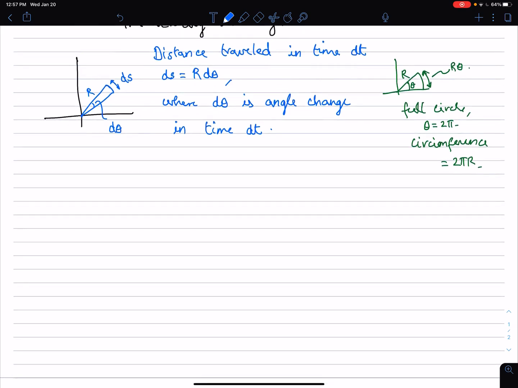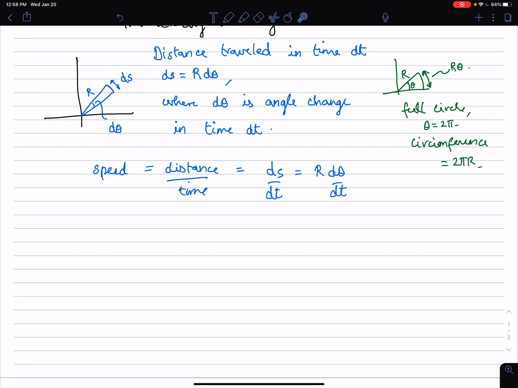So what is speed? Equals distance over time, and we just go ds over dt equals r d theta by dt.